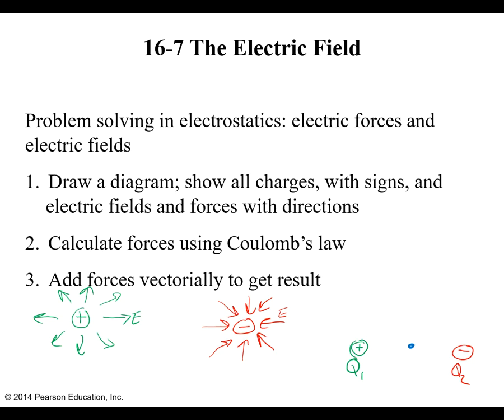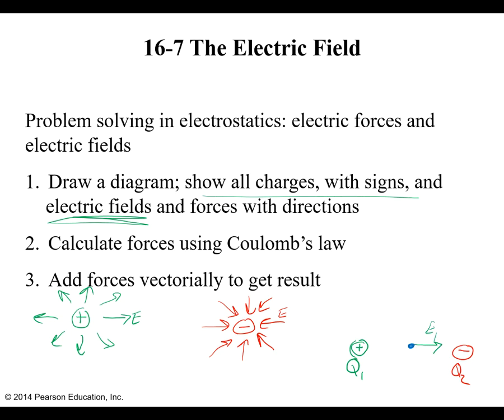That being said, your electric field due to charge 1, now we're showing all electric fields, that's where we are now. Due to charge 1, that point is going to have an electric field pointing away from the positive charge. So away from, looks like this, which means at that point, you're going to have some electric field pointing away.